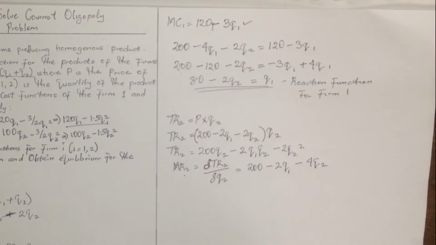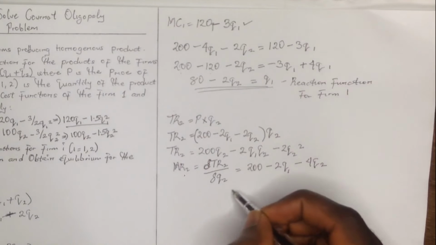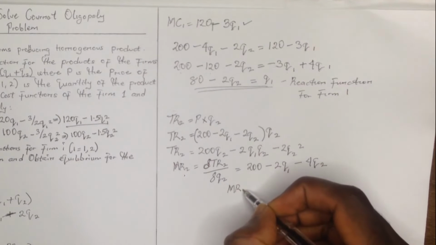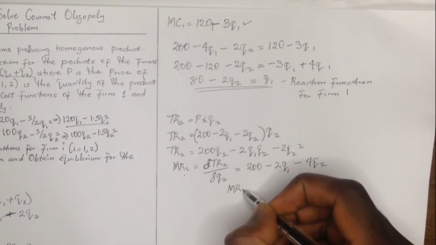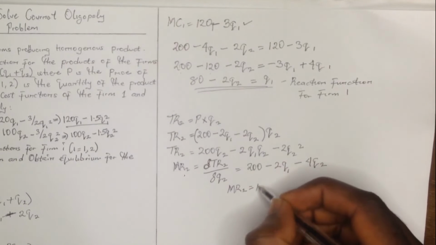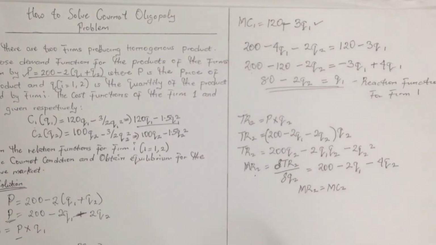Our equilibrium condition for profit maximization in oligopoly markets is that the marginal revenue of firm 2 equals the marginal cost of firm 2.